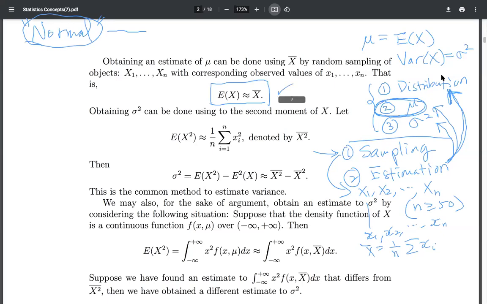Okay, then the second thing is that we want to estimate the variance. Now this is just by the definition of variance. The variance is the expected value of the squared difference of each individual from the expected value. Of course, you take the square so you don't get negatives, and then everything is positive.